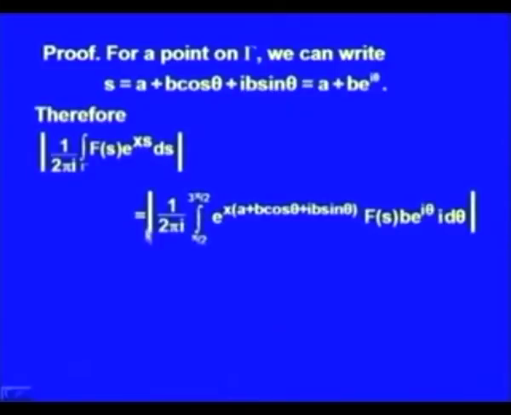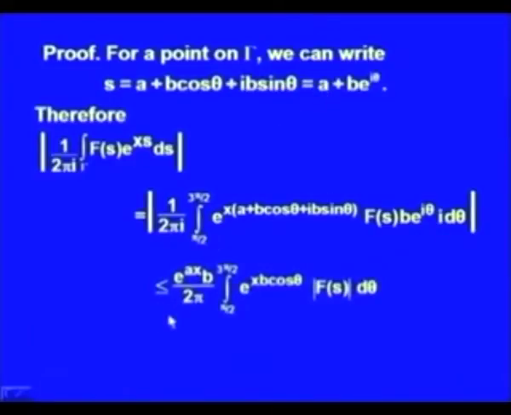Then the modulus of 1 over 2 pi i integral over gamma f(s) e to the power xs ds is equal to modulus of 1 over 2 pi i integral over pi by 2 to 3 pi by 2 e to the power xs, that is a plus b cos theta plus i b sin theta, into f(s), and then ds will give you i into b into e to the power i theta d theta.